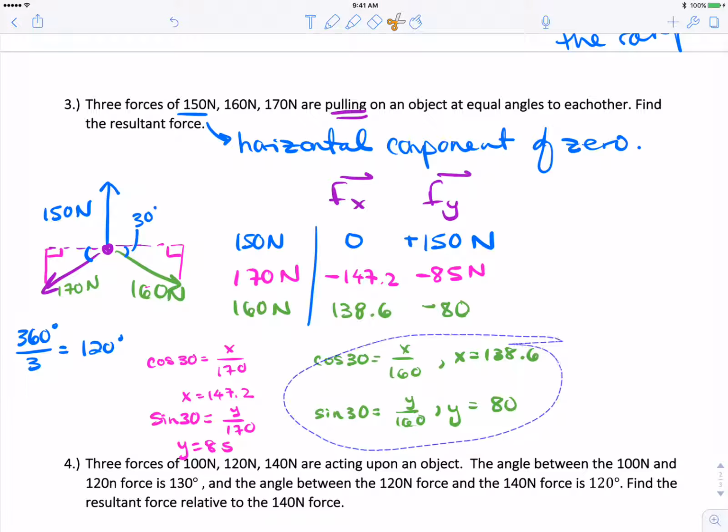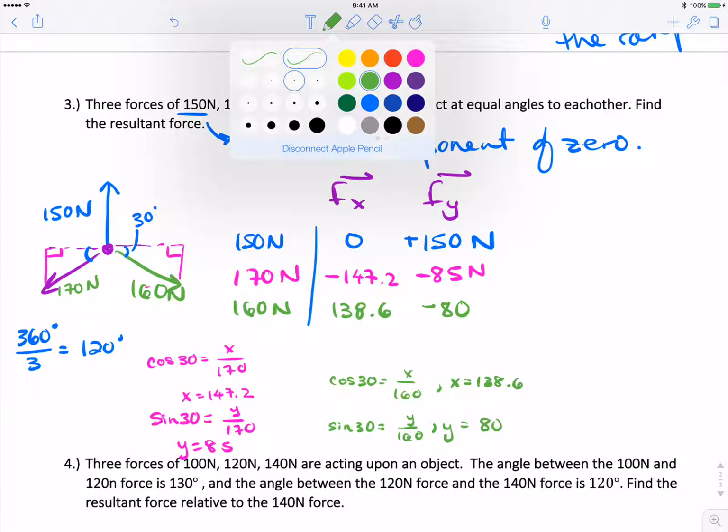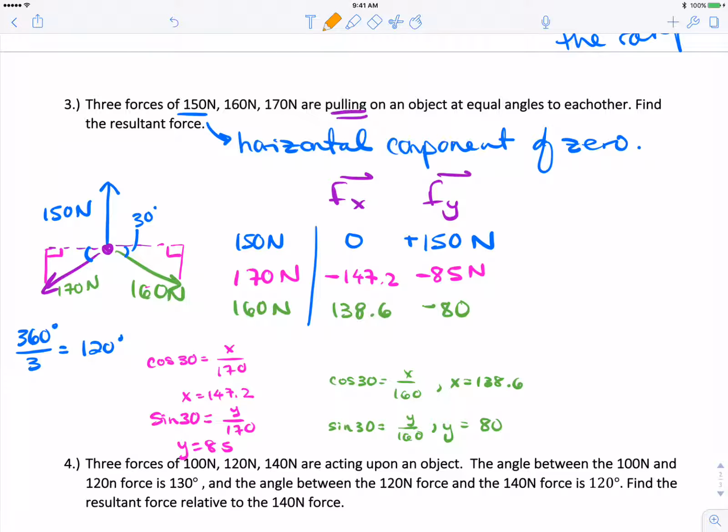Okay. So I have my components for all three vectors. This is the best part. In a test, my overall resultant is just the sum of all of these vectors put together. So for the x components, I add them: negative 147.2 plus 138.6 gives negative 8.6.